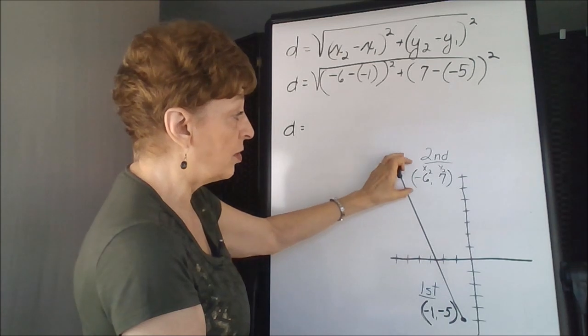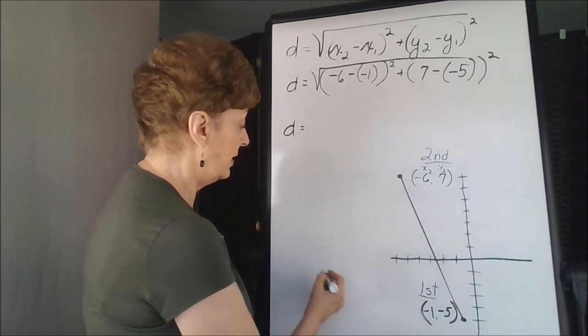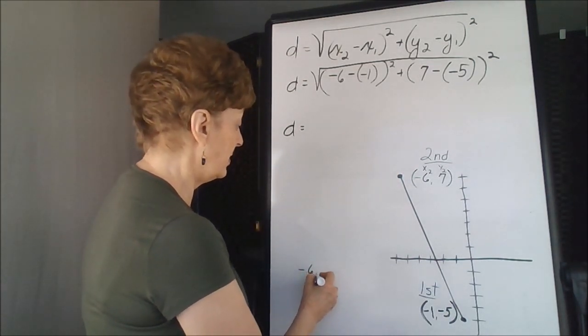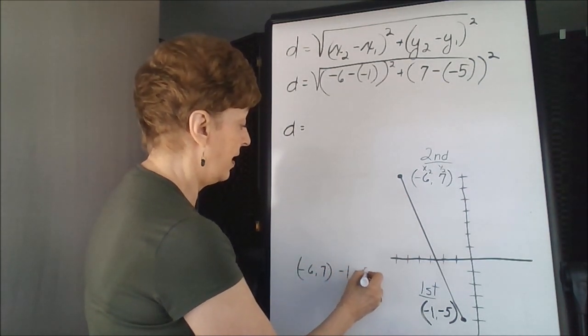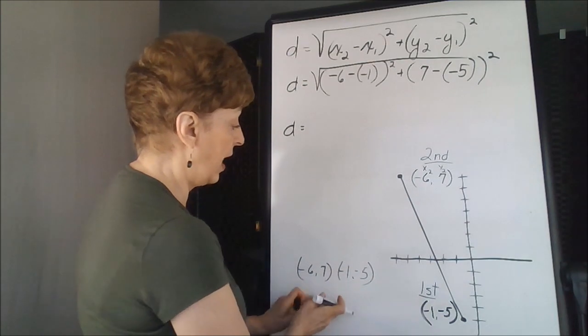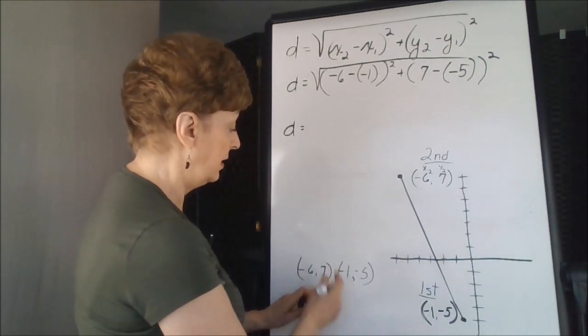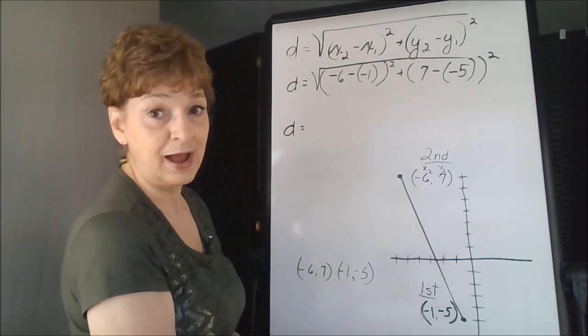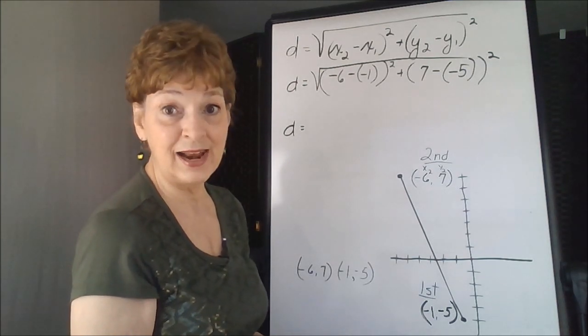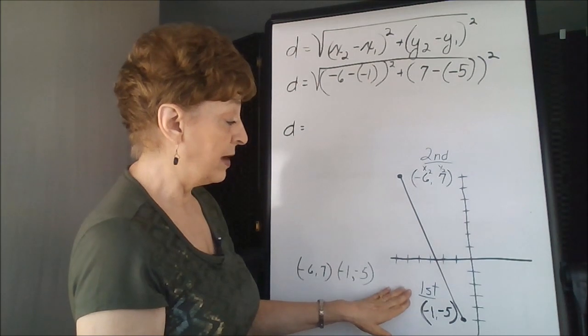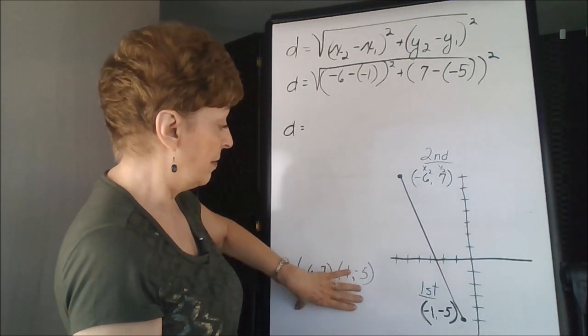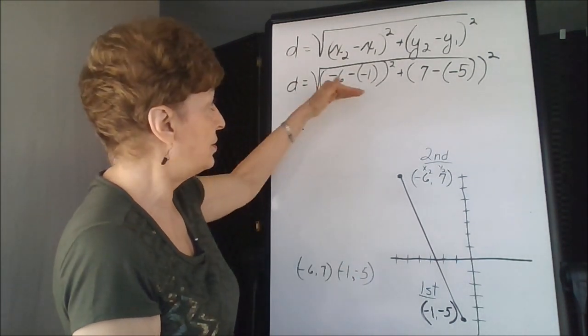You may want to take your ordered pairs and set them aside like this, -6, 7, and -1, -5, where you actually pull them out, so you're looking at them this way or on top of each other. That's going to be a personal preference. But we've got to get these numbers correctly populated into the formula.